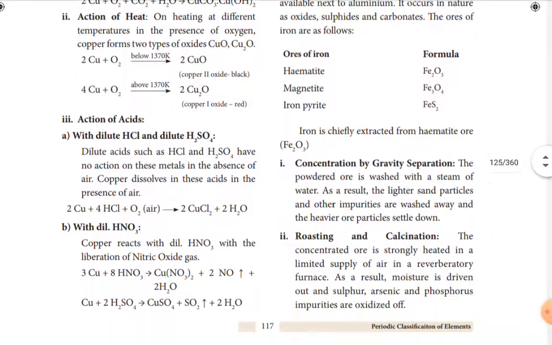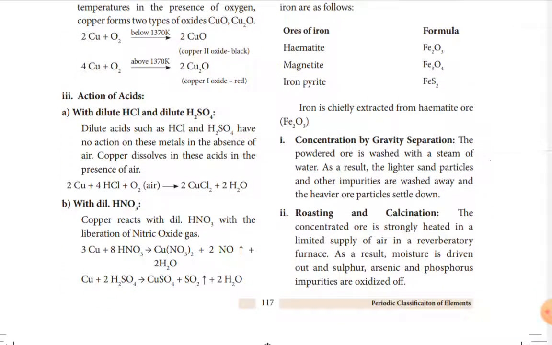Next one, roasting and calcination. Roasting is heating the ore in the presence of excess air, but in calcination the ore is heated in a limited supply or in the absence of air. A reverberatory furnace is used here. Because we used a jet of water in the previous process, the ore is going to be wet.